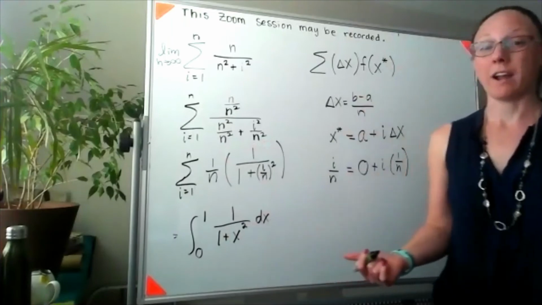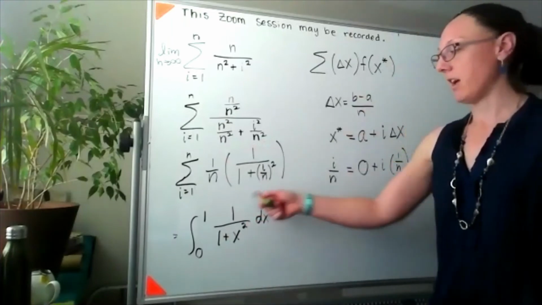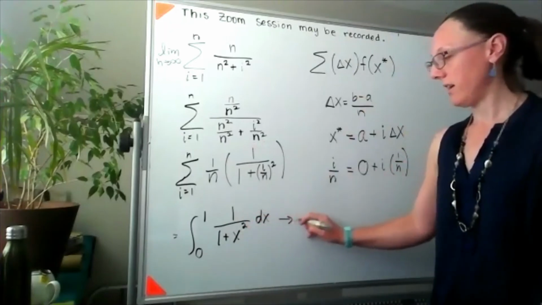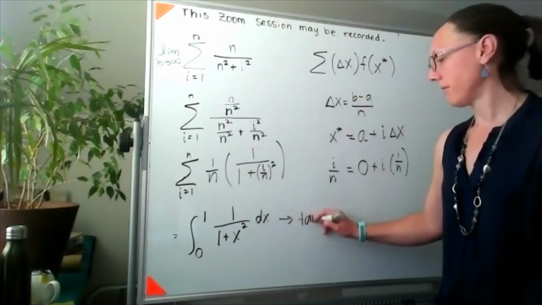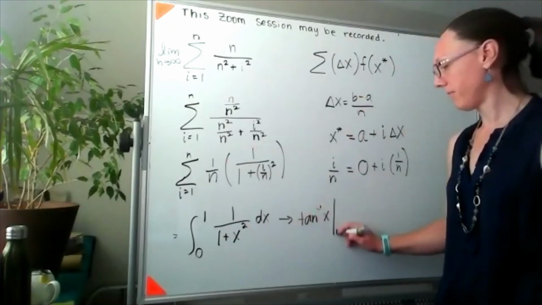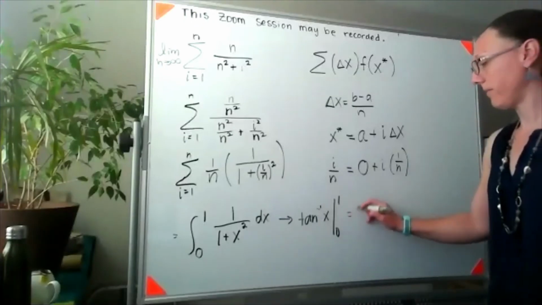Last step, because we were asked to evaluate it, we need to find the antiderivative, and 1 over 1 plus x squared, that's going to be tan inverse of x, or arctan of x. And then we're evaluating from 0 to 1.